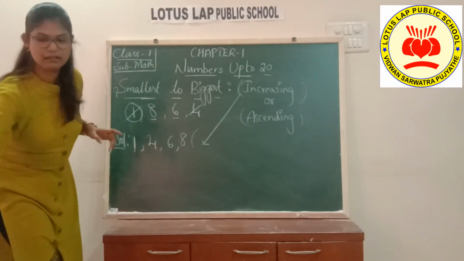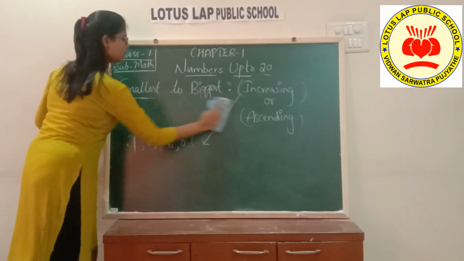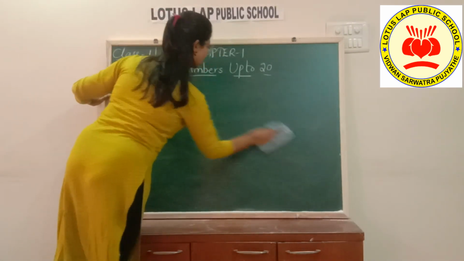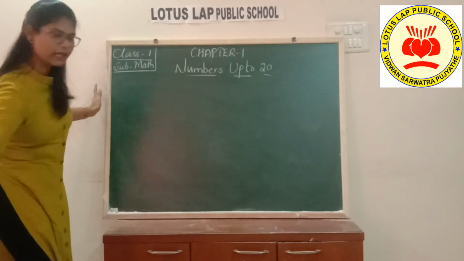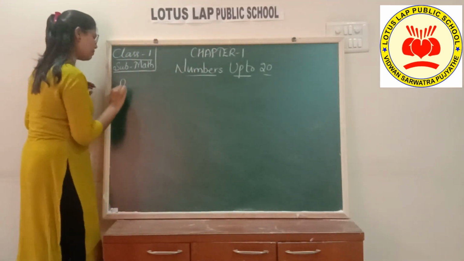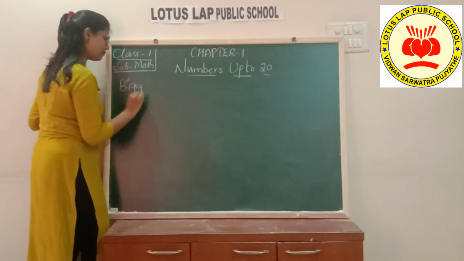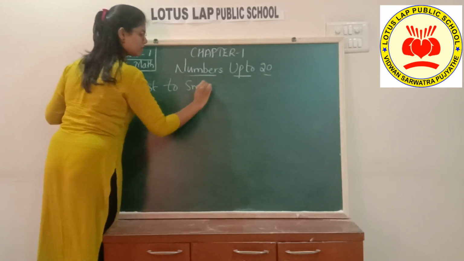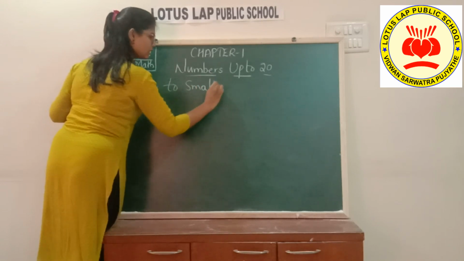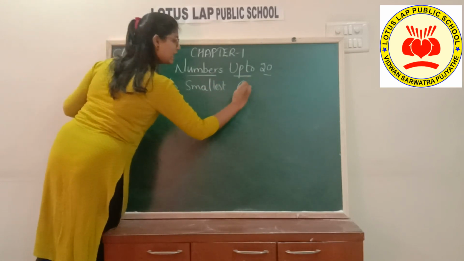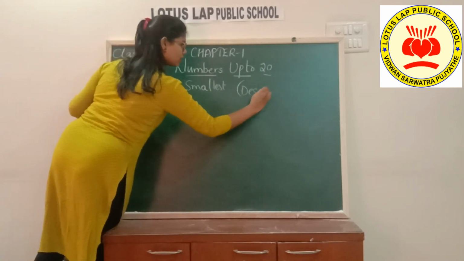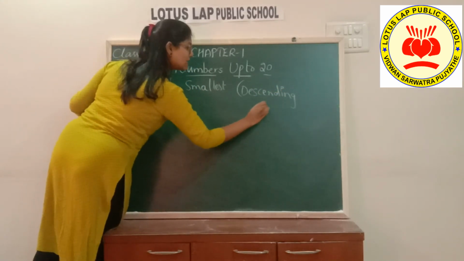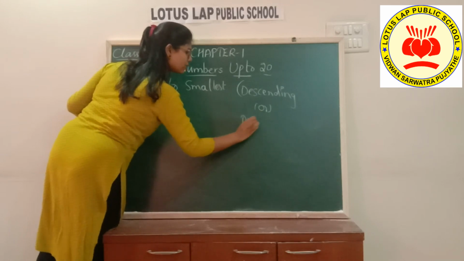Now let us see how to write biggest to smallest. Smallest to biggest means it is increasing order. What is biggest to smallest? What we will call biggest to smallest as descending order or decreasing order.